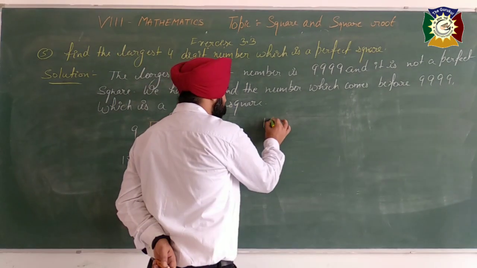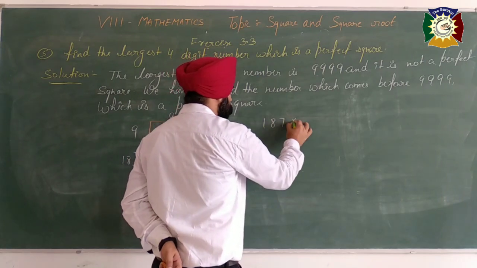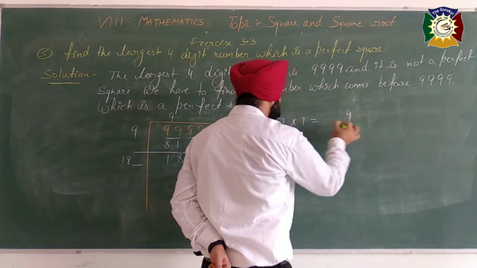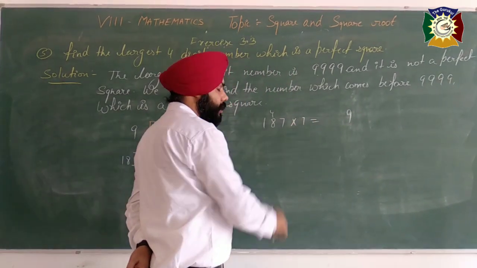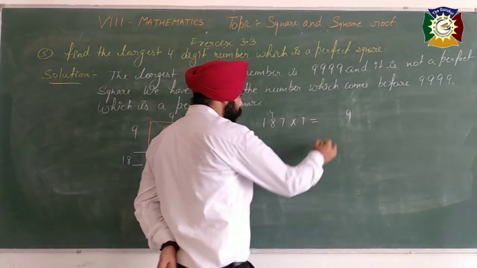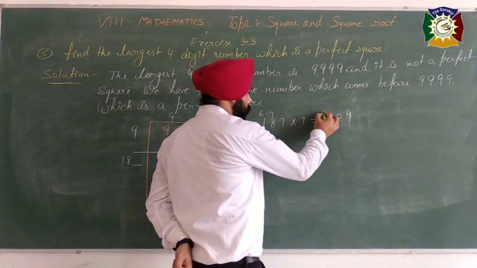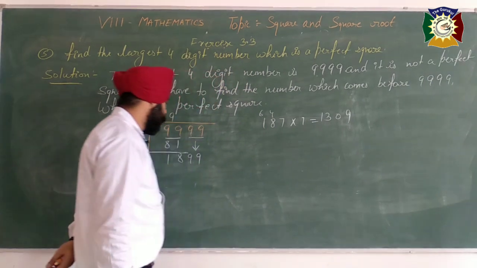So for this, 187 multiplied with 7: 7 7s are 49, 7 8s are 56 plus 4 is 60, and 6 here, 7 into 1 is 7, plus 6 is 13. It is less than.